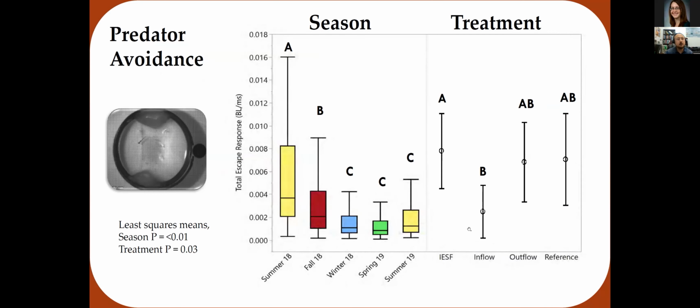Here is the result for predator avoidance performance and the effect of the season and treatment. The season change affects the predator avoidance performance. As for the treatment, you can see the inflow is very low, the ion enhanced sand filter is low, and the outflow is higher.